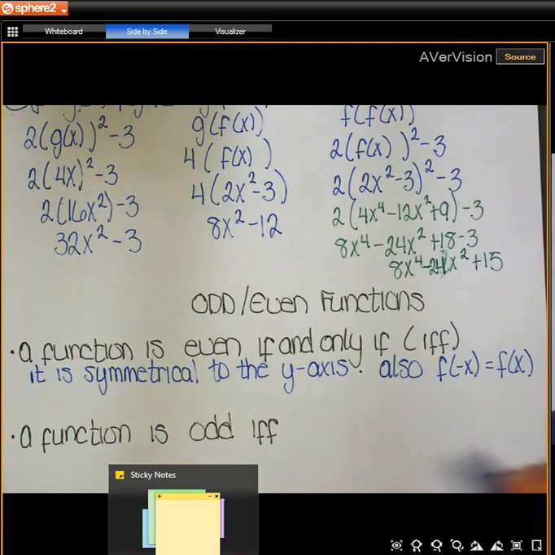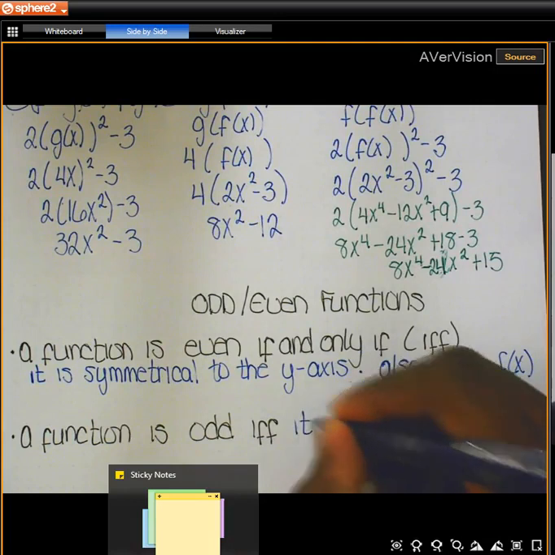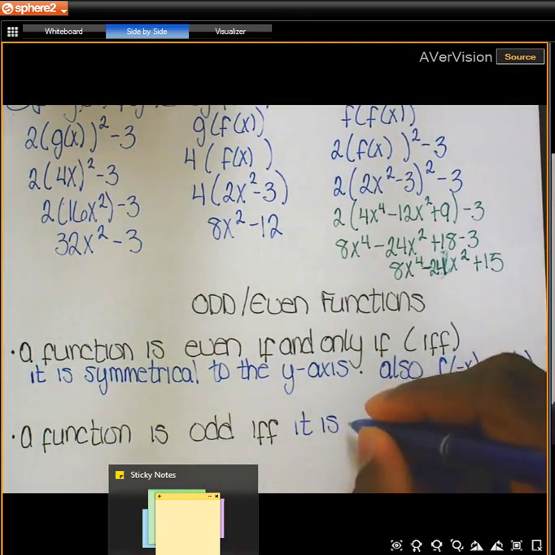On the other hand, a function is odd if and only if it is symmetrical to the origin.